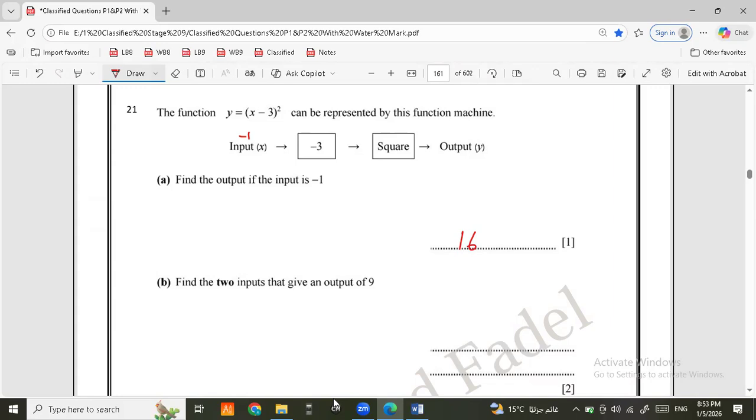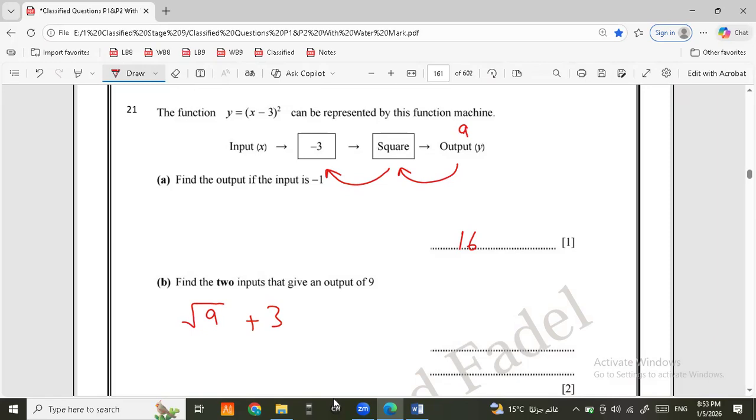Find the 2 inputs that give an output of 9. Output is 9, so let's erase this negative 1. If the output is 9, I'm going to go backwards, so I'm going to say 9, but square root it, right? Square root of 9. Then, instead of minus 3, I'm going to say plus 3. This will give you the input. But they're saying 2 possible inputs.